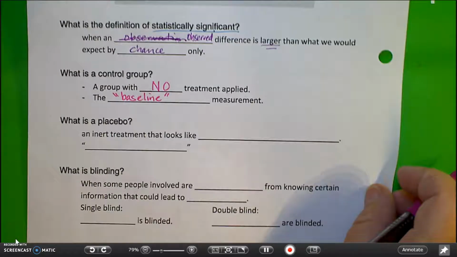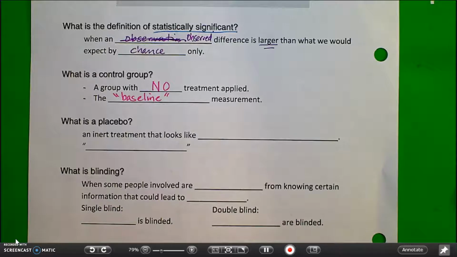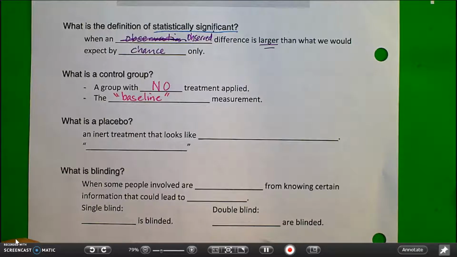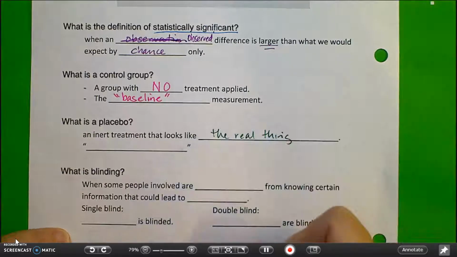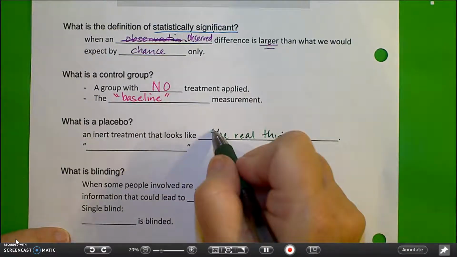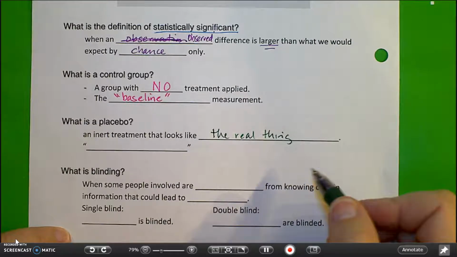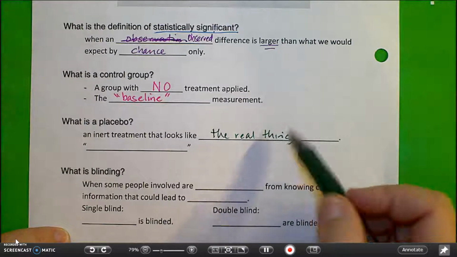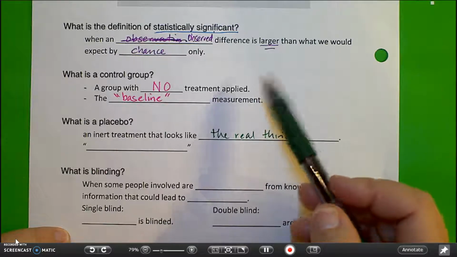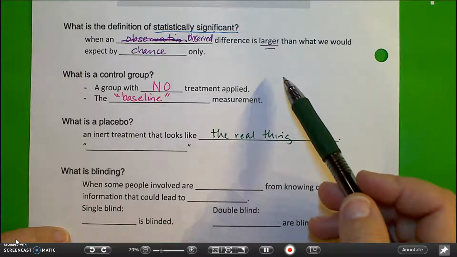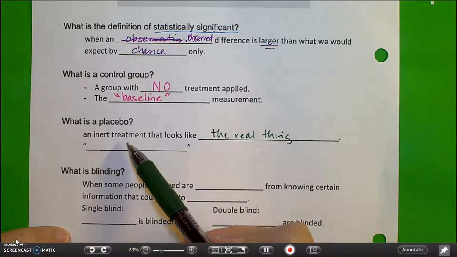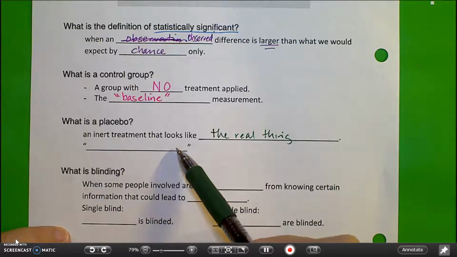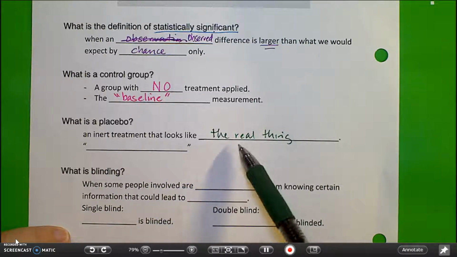Closely related to that is this term called a placebo. I'm sure you've heard about it before. A placebo is an inert treatment that looks like the real thing, but it's not. Say in the case of a medical study, you may have groups that get different numbers of milligrams of a new drug, and then you might have a control group that still gets a pill to take, but it has no active ingredients in it.